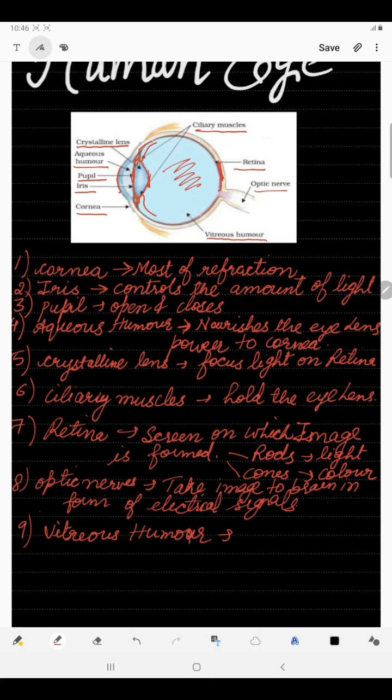This vitreous humor actually provides the eye with its form and shape.